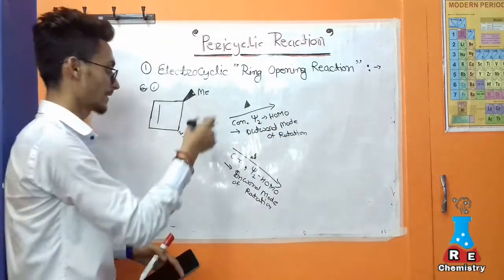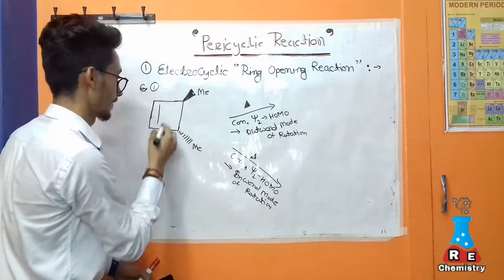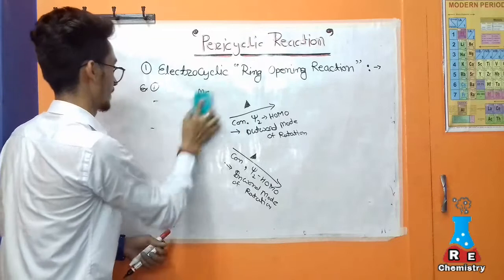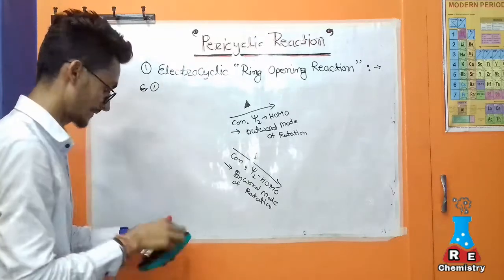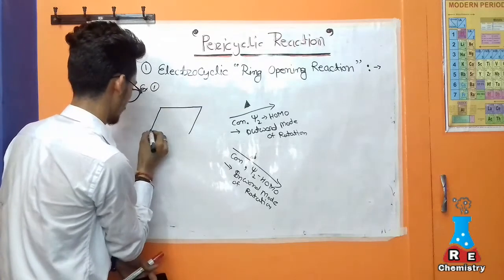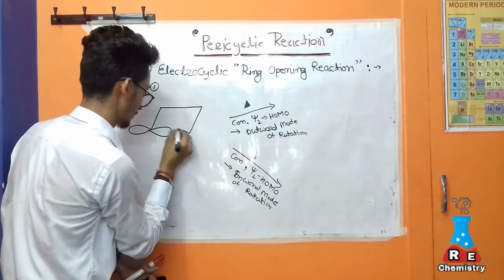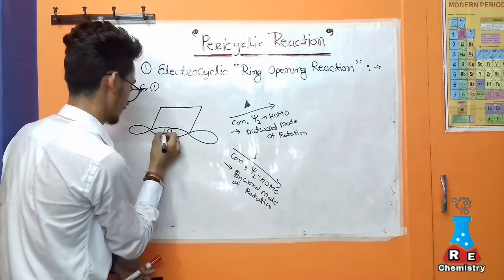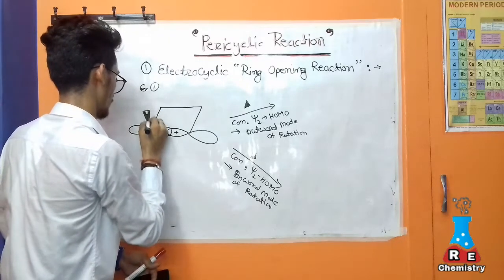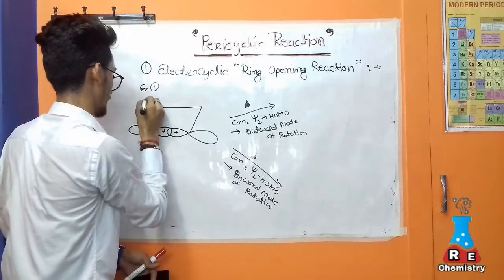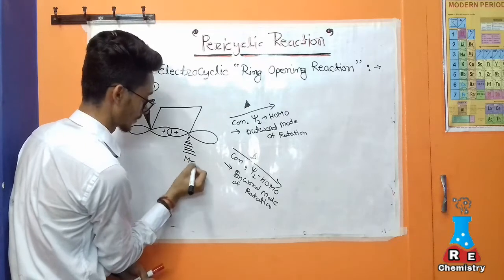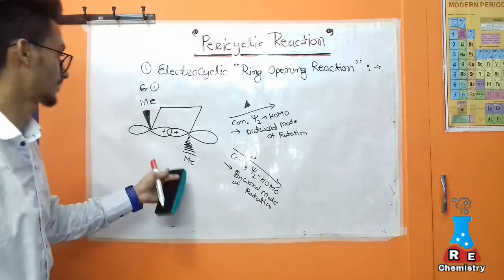So let's take an example. It can also be represented as this type. There is a methyl substituent, and there also a methyl substituent.